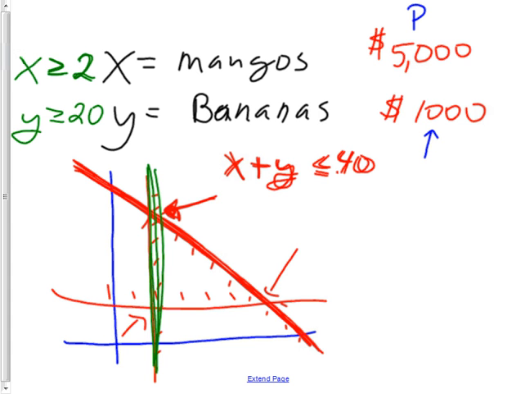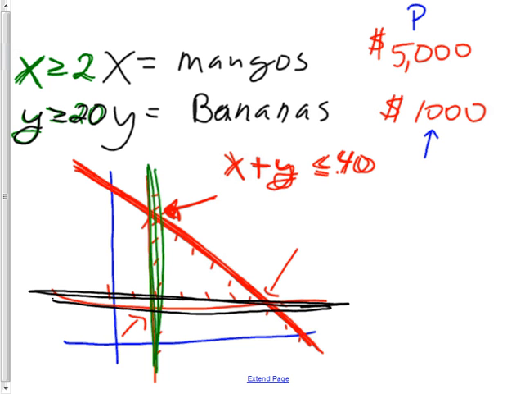And I'll make this black one here Y greater than or equal to 20. The color coding does help. You won't be able to do that on the test very well unless you bring multiple colors of ink. You can actually. Some kids do that.